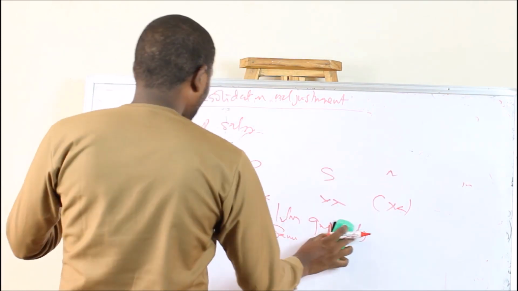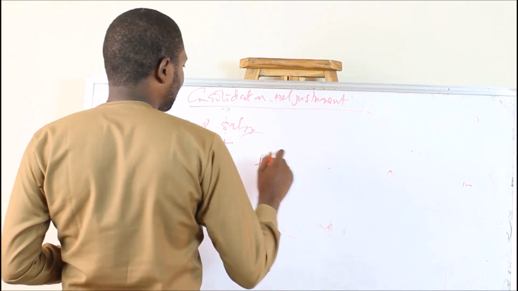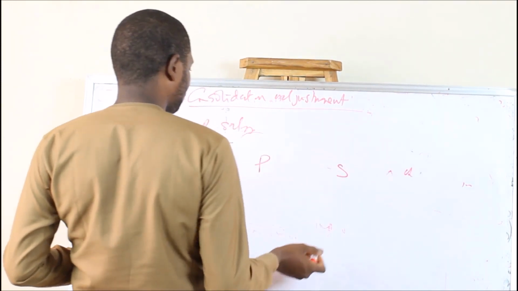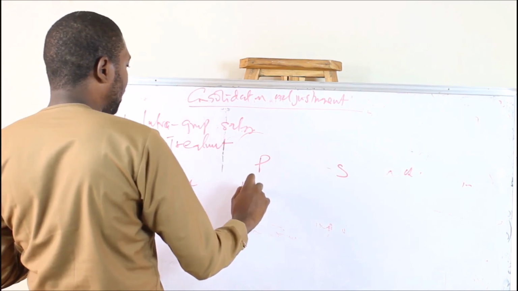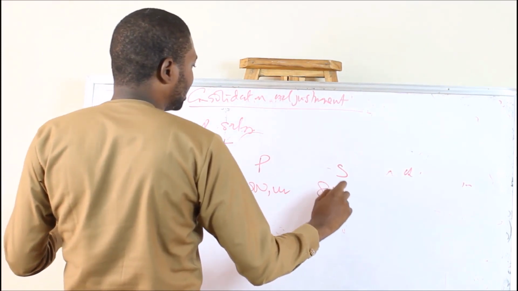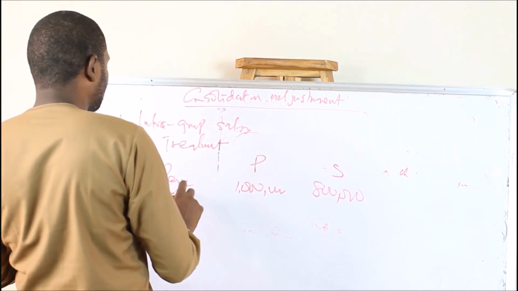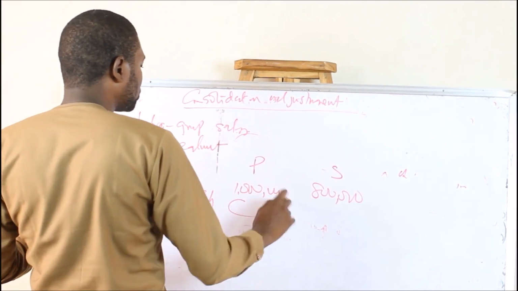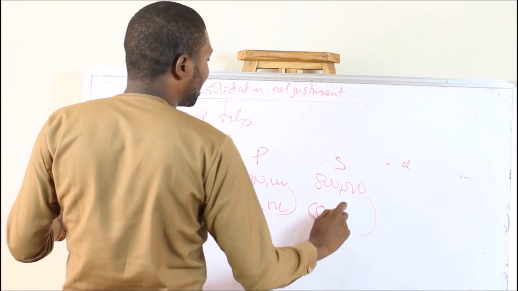Now if you go to step 2, remember I said parent, subsidiary, adjustment. For example, the parent company's revenue is 1 million naira, subsidiary 800,000. Let's assume the cost of sales is 750,000 and 500,000.